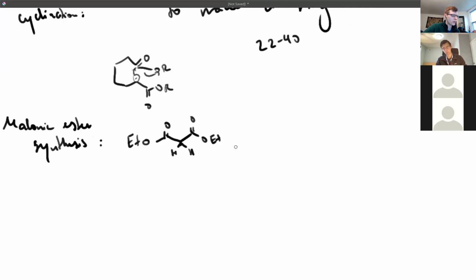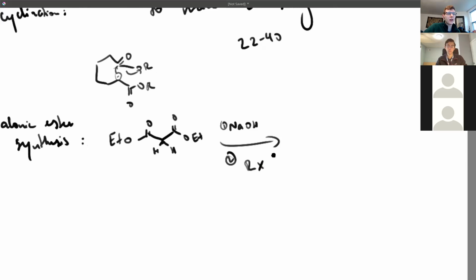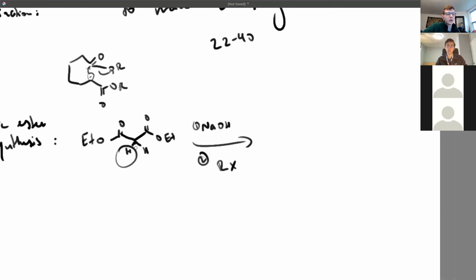So we take this thing and we put it in some kind of base, right? And then we wind up giving it anything that you can do substitution on. At this point, this is just kind of normal SN2. So you do that, and then it'll replace one of these hydrogens with this R group.